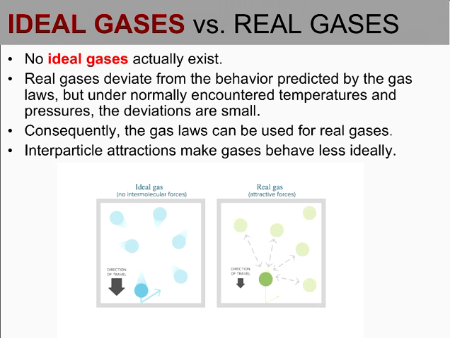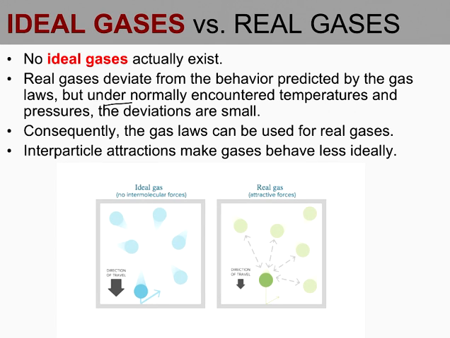Real gases deviate from the behavior predicted by these gas laws that we just went over. But under normally encountered temperatures and pressures, those deviations are really small. So that means that we can use these gas laws, but they're actually estimations more so than the actual values that we would find for these gases.